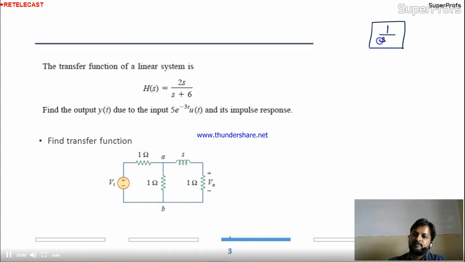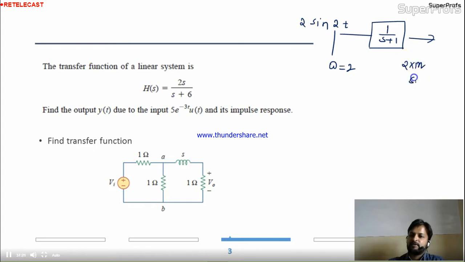Your system is given as 1 over s plus 1. To this system you are giving 2 sin 2t as an input. The question is what will be the output. Here the omega is given as 2. Okay. And the output of this circuit will be 2 into some magnitude M sin of omega t plus some phase difference. Okay, how to calculate M? To calculate M, take the magnitude of this.